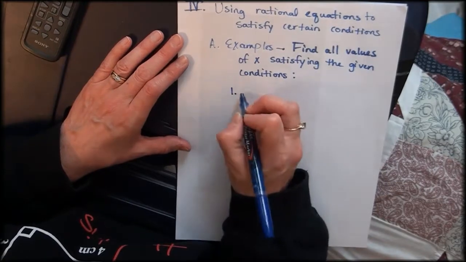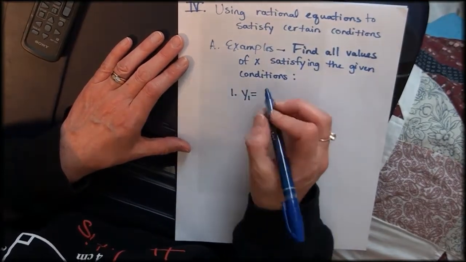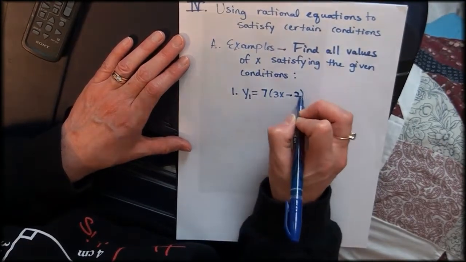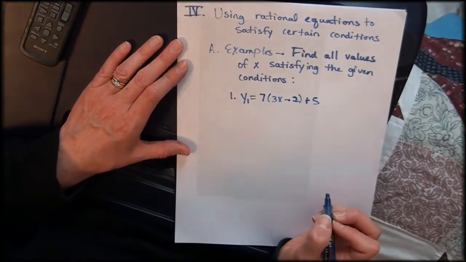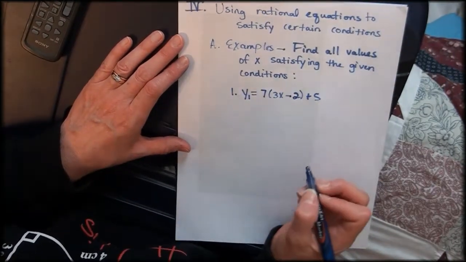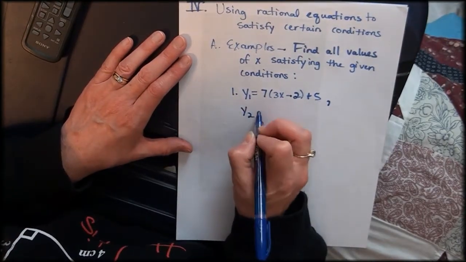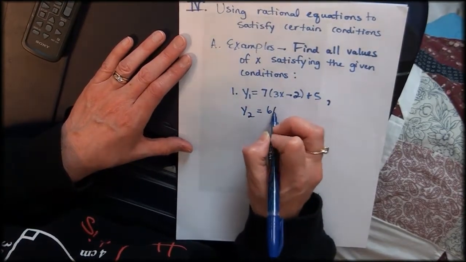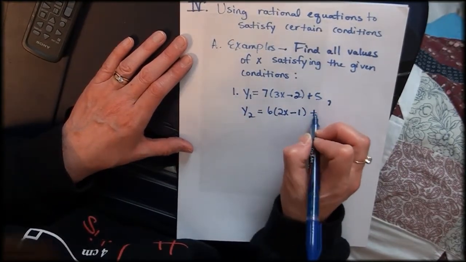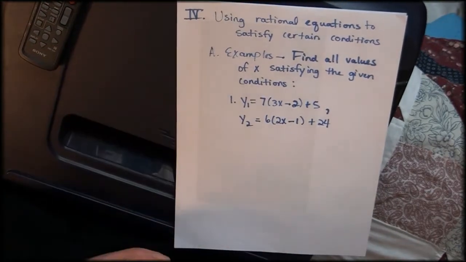And let's say that my first condition is that my y1, which simply means the first y, don't let that subscript fool you, it just means the first y. It's going to equal 7 times (3x minus 2) plus 5. And let's say that my second y, again, don't let the subscript fool you, y sub 2 simply means second y. That's going to equal 6 times (2x minus 1) plus 24.